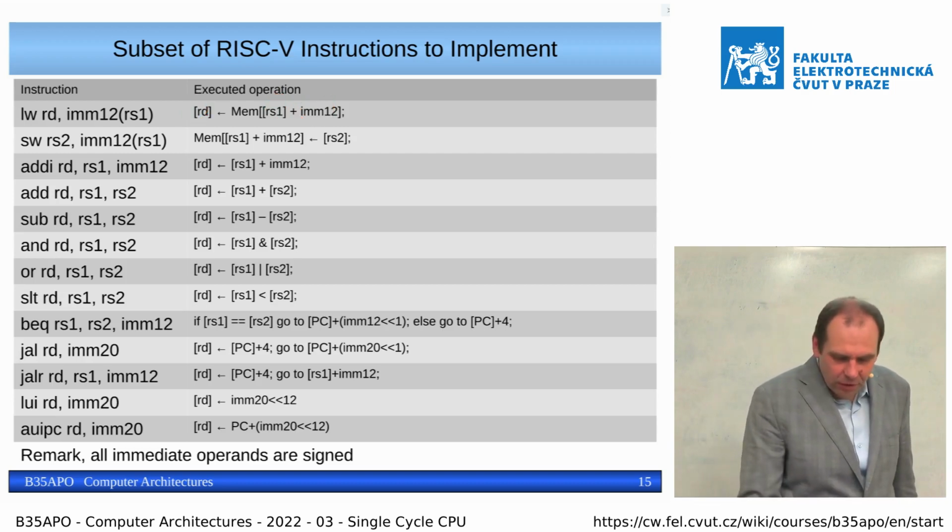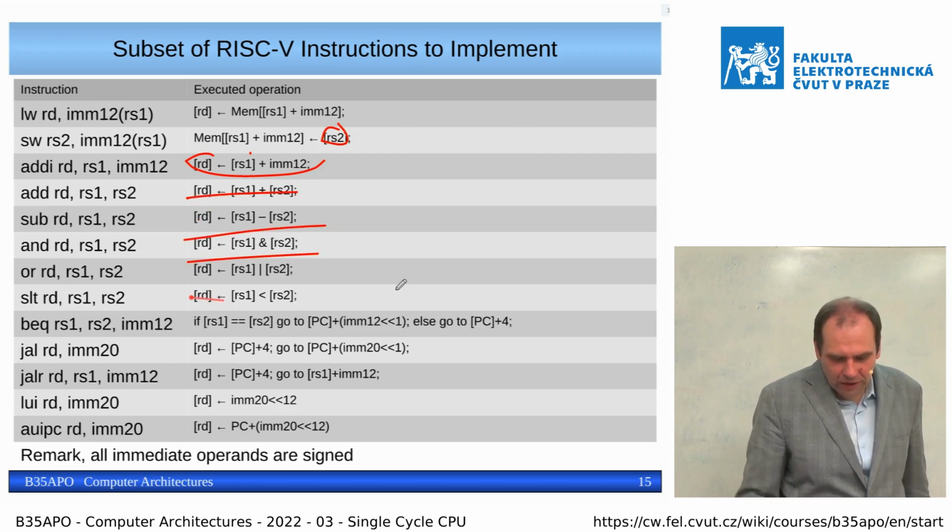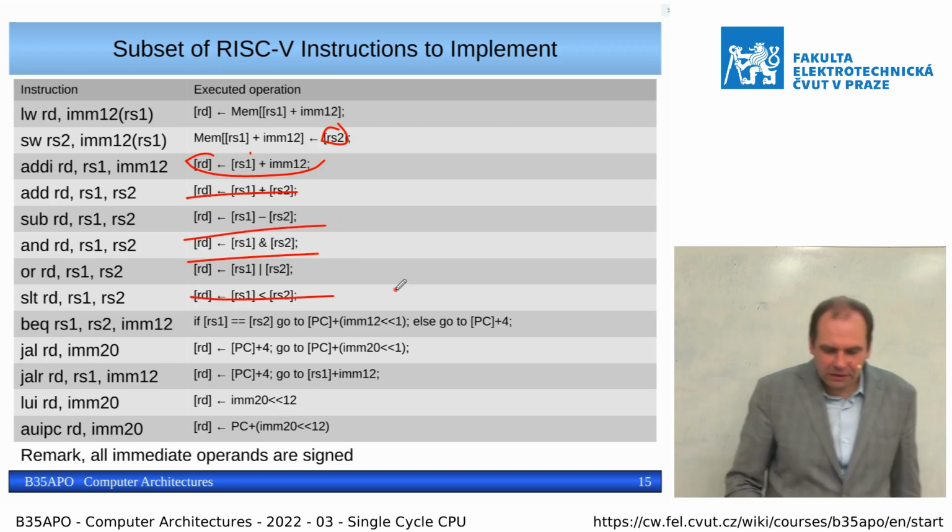Then we have the store operation, which stores the value in the second source register to the memory. Add immediate adds data to a register and stores it in the destination. Then there are add, which adds registers together, subtract, and so on, operations between the registers.